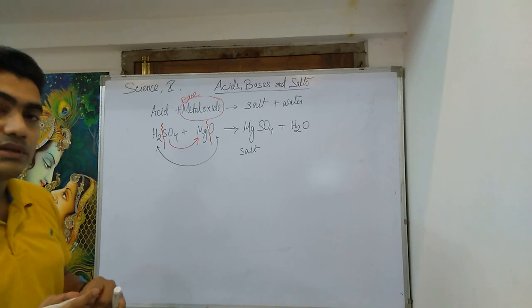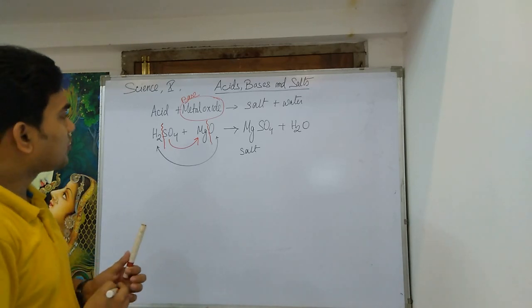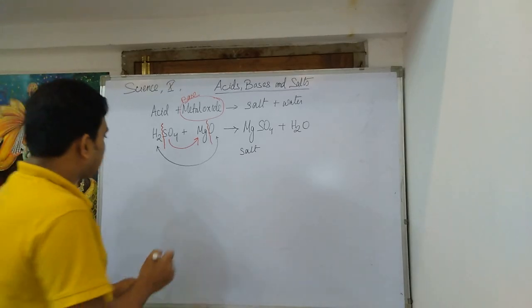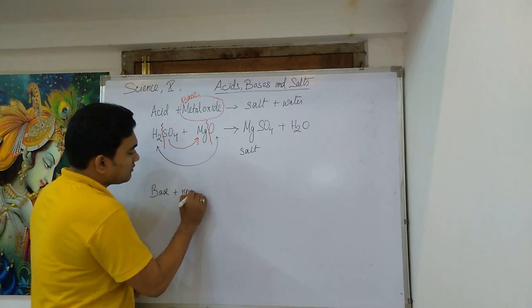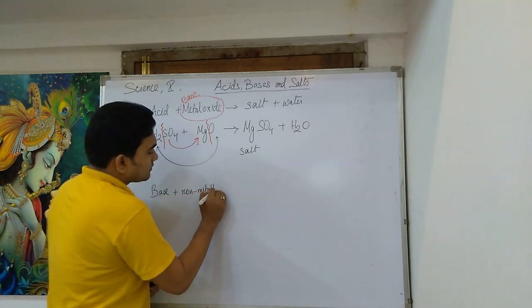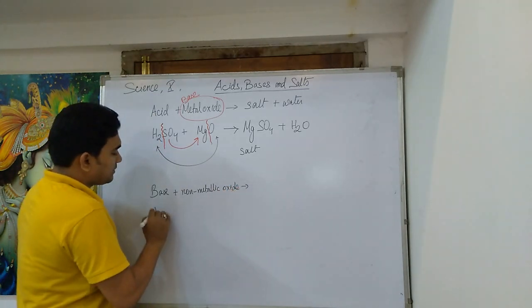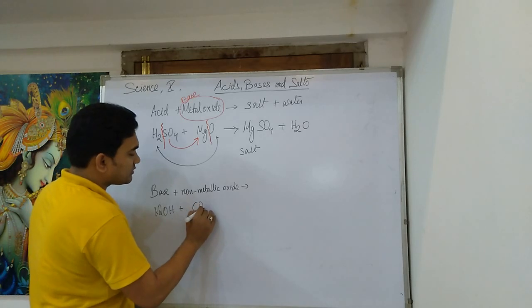Now what will happen if we take a non-metallic oxide and base? If we turn the tables, like if we take base and a non-metallic oxide, what will happen? Let that be NaOH and non-metallic oxide carbon dioxide, you can say.